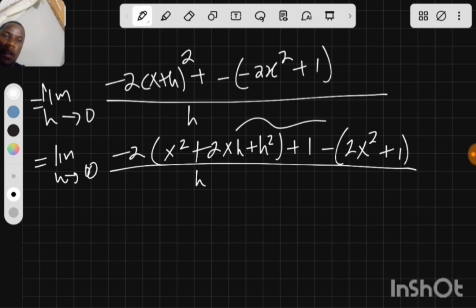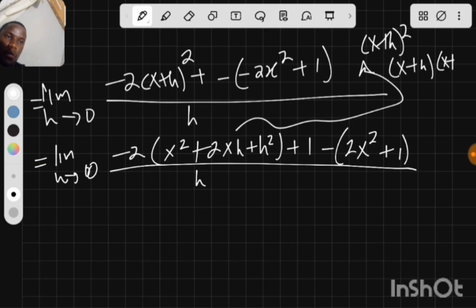Why? Referring to x plus h. Two pairs of brackets, gives you x squared plus 2xh plus h squared.